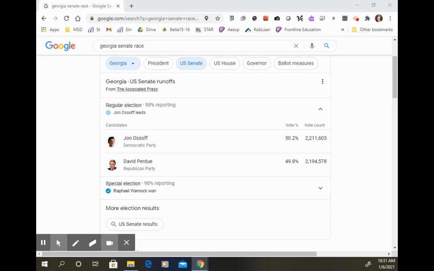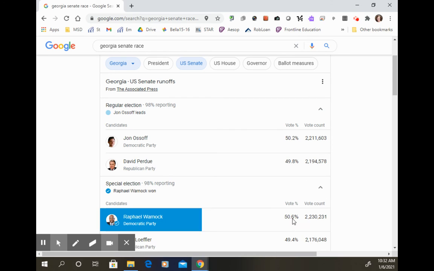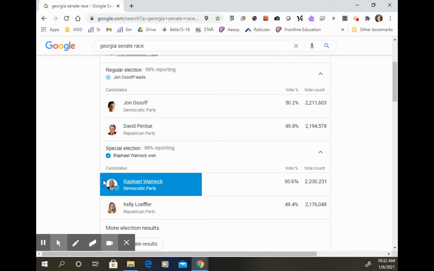These 2 senators are going to determine the balance. Right now they're saying that Mr. Warnock, he's a minister, has won and he's a Democrat.